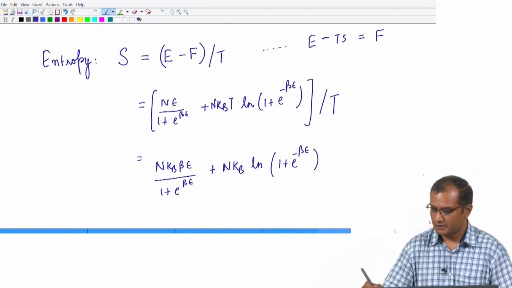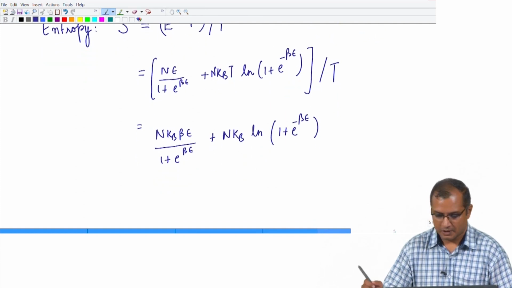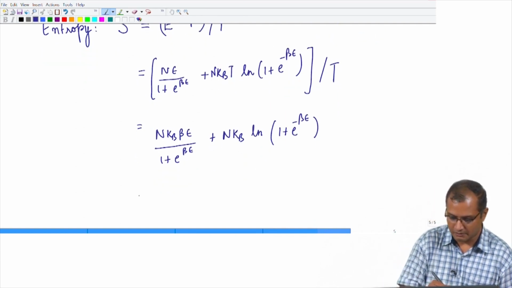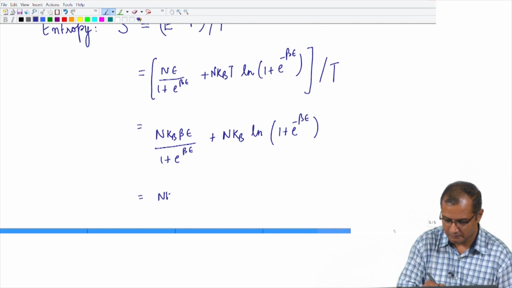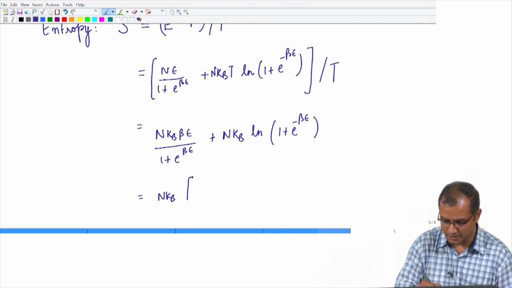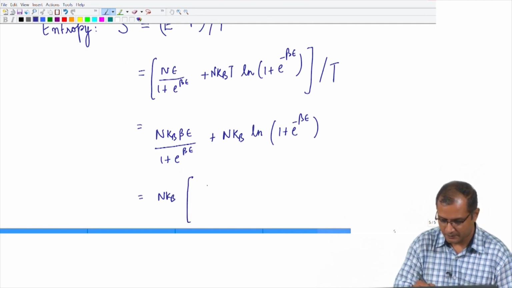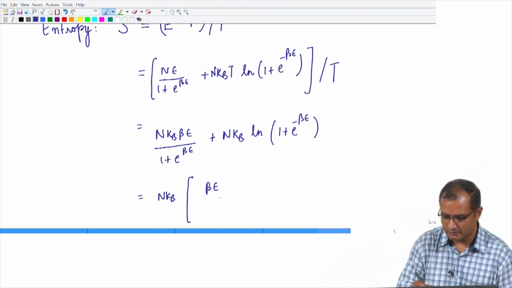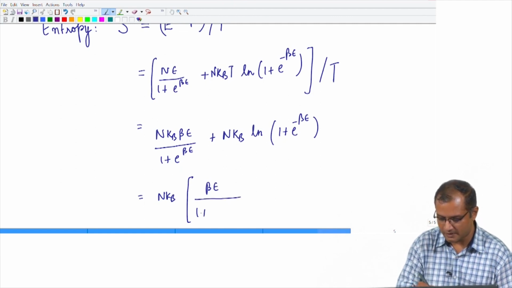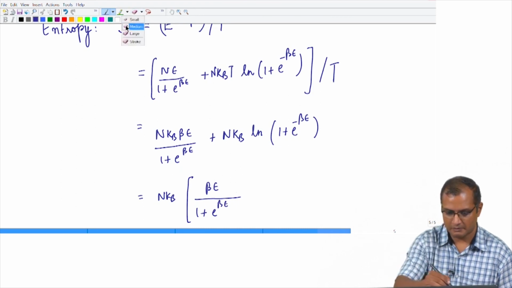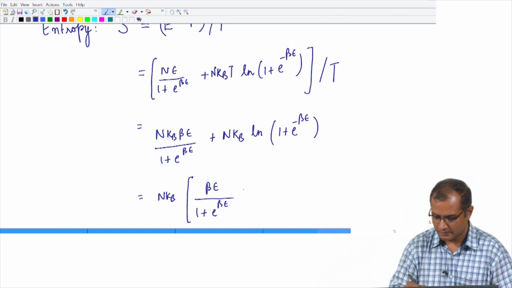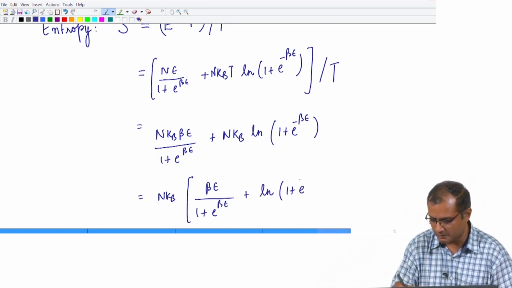Okay. And you can simply take n kB outside, what you get is nothing but beta epsilon over (1 plus e raised to beta epsilon) plus ln(1 plus e raised to minus beta epsilon). Fine.